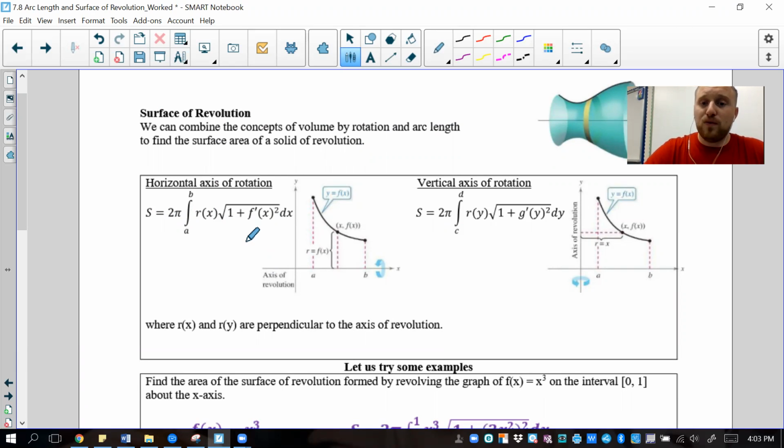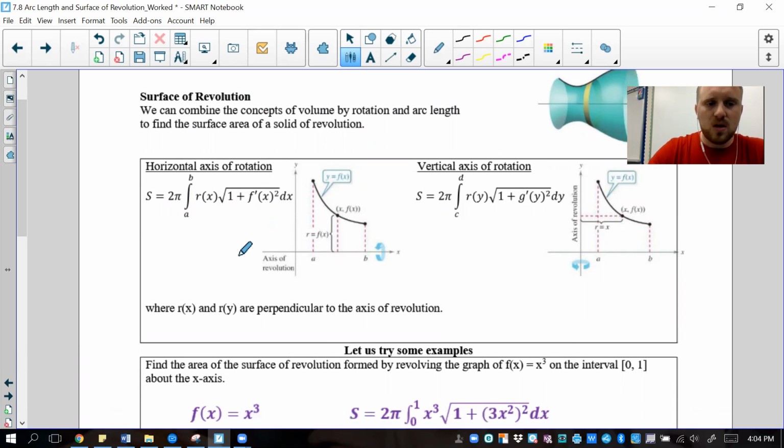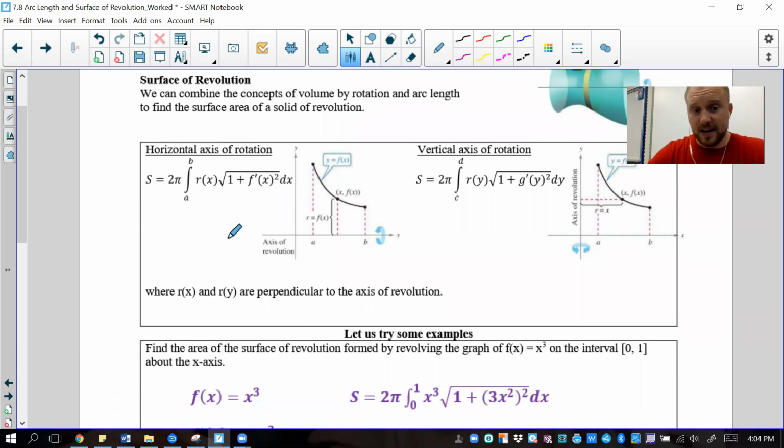And if we are revolving around a vertical axis like the y-axis or x equals -1 or x equals 2, then we have to make sure everything's in terms of y, okay? So our function has to be perpendicular to the axis that we're rotating around, okay? So for instance, if you have r of x, that's your y, that's perpendicular to the axis that you're rotating around.